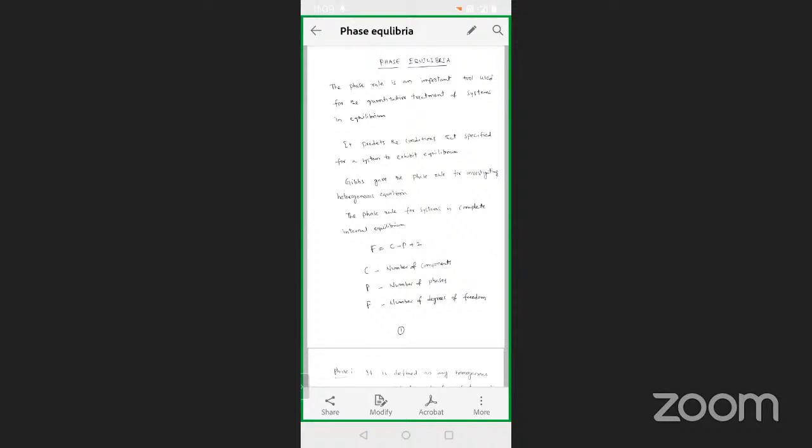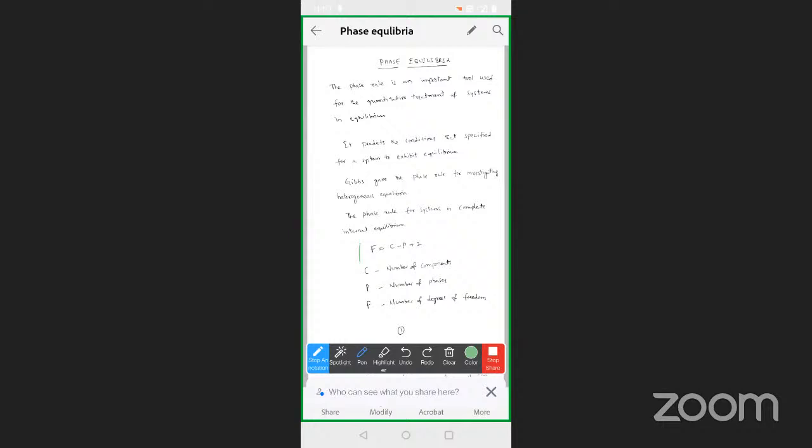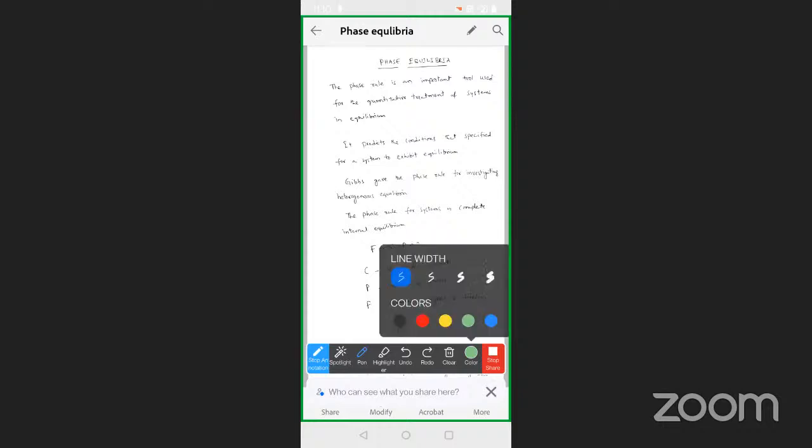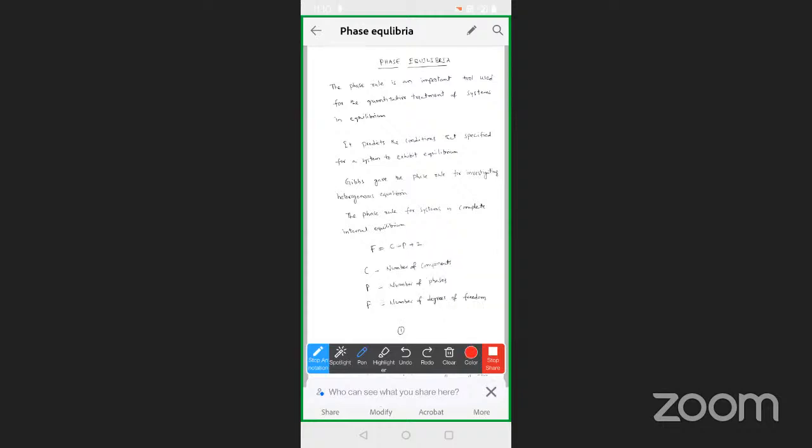So the phase rule for systems in complete internal equilibrium. Mathematically we can write this phase rule as F equal to C minus P plus 2. This is a familiar equation.